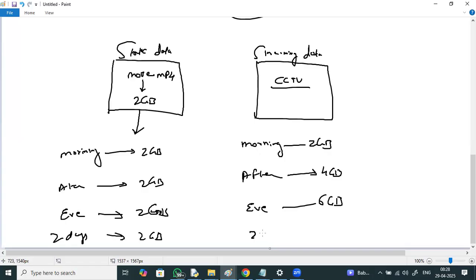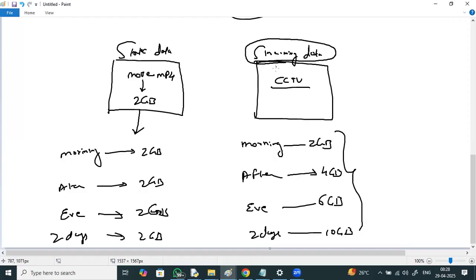After 2 days, 10 GB. After 1 week, 20 GB. This means data keeps on incrementing, data keeps on generating, the events keep on generating. Such kind of data we call streaming data.